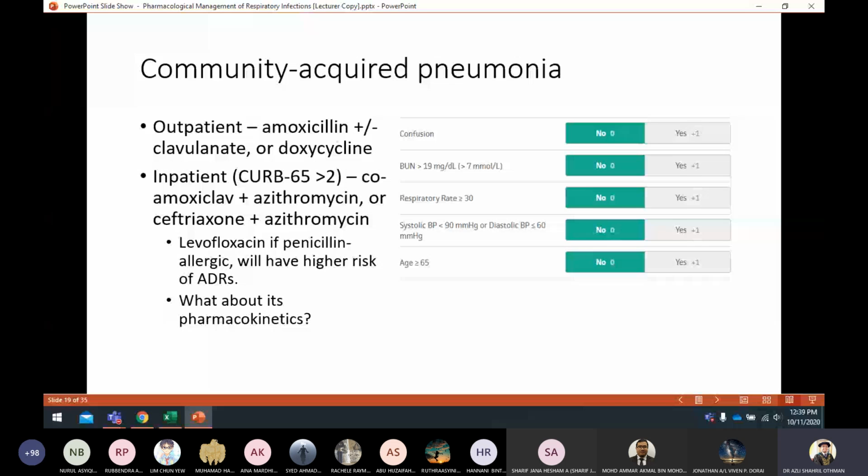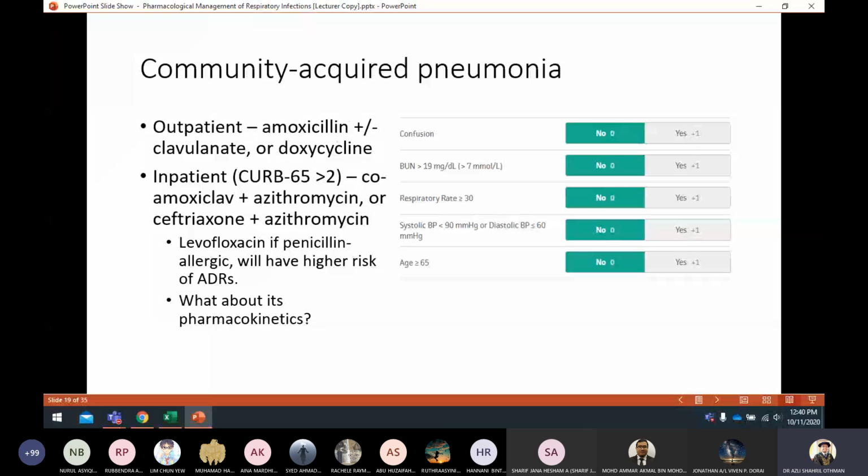Okay, so let's say you are posted somewhere in a very far away clinic, and you see a patient. You suspect that this patient has pneumonia, is coughing away like there's no tomorrow. So you assess the patient according to the CURB 65 scoring.